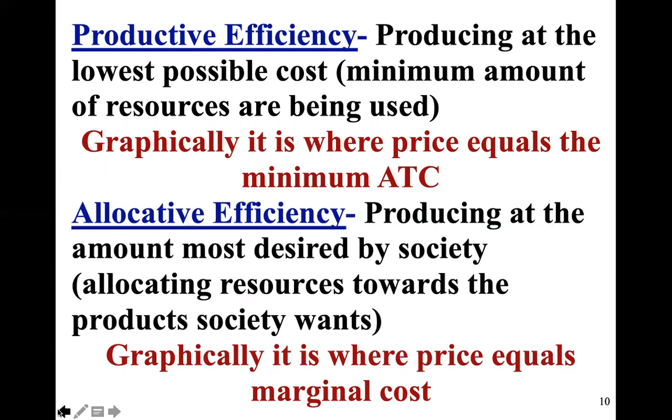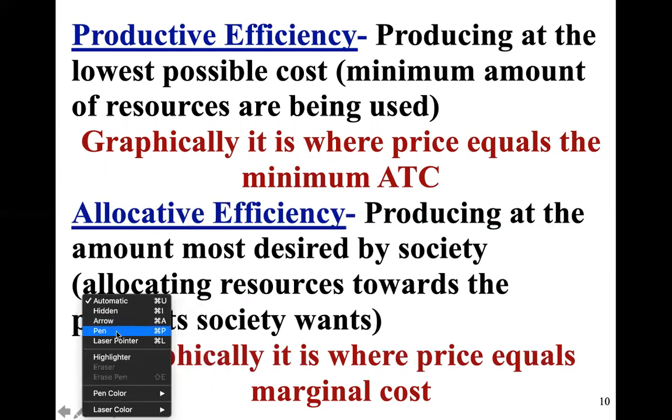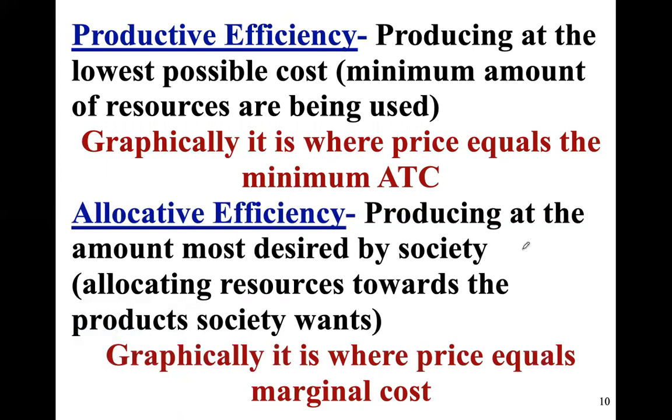Now, some students have a hard time with this concept, so let me elaborate on it a little bit. We're going to say that if society is producing products where the marginal benefit of something is equal to the marginal cost of producing that thing, that's going to be allocatively efficient.